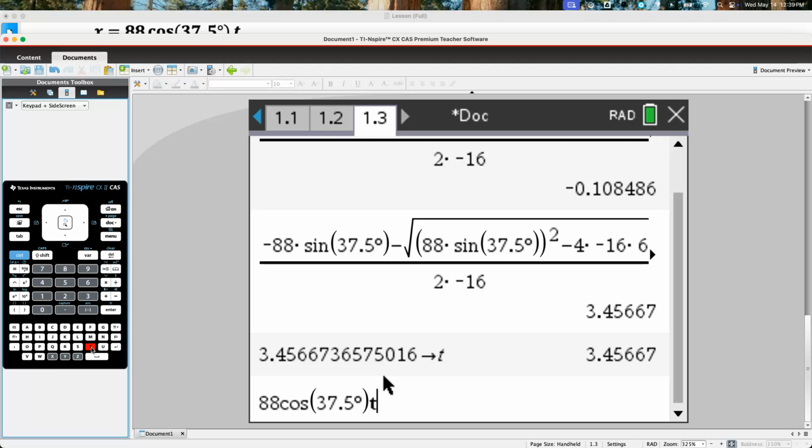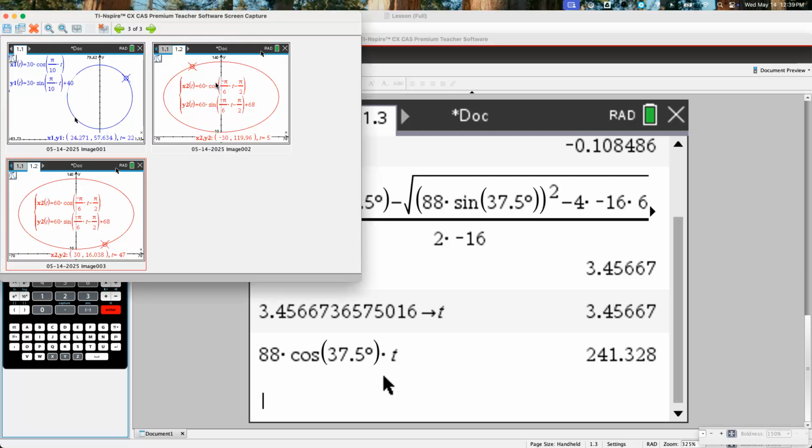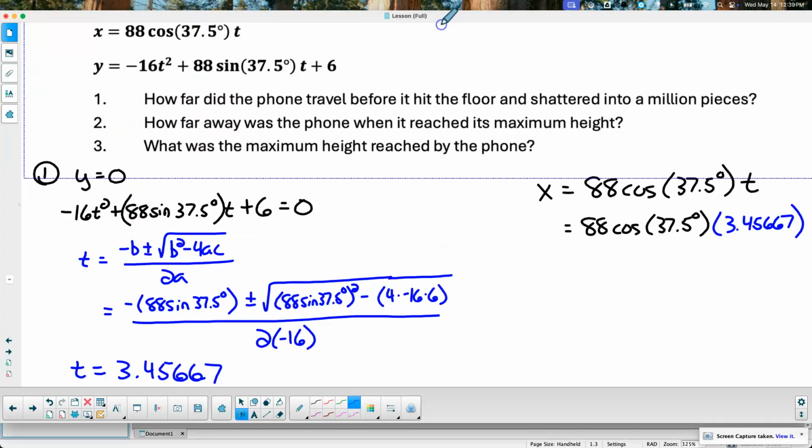Because I've already got t stored in exact, no rounding. And I get that it landed 241.328 feet away. So that phone was in the air for a while.